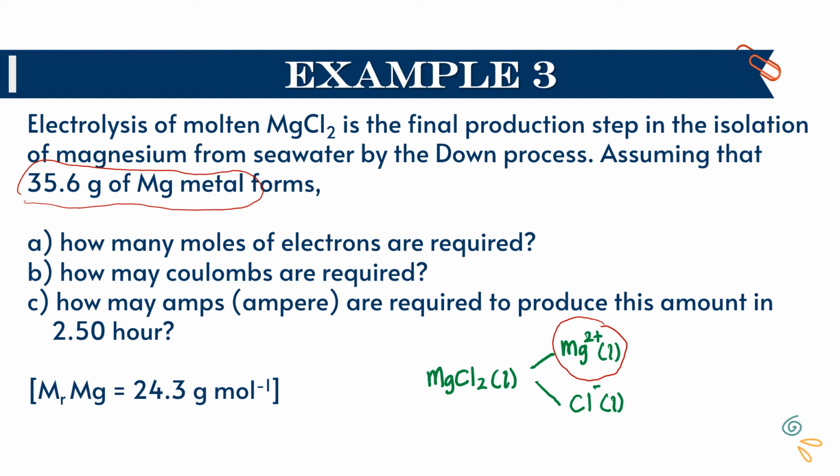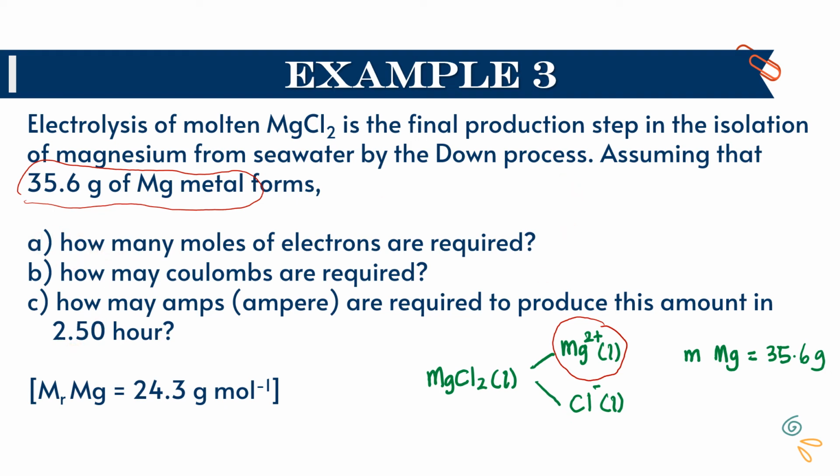Okay, ingat sekali lagi, dia mesti dalam bentuk liquid because it's molten. Okay, information yang seterusnya tadi yang kita ada adalah mass of magnesium 35.6. So, untuk soalan A, B dan C, maklumat adalah berkait, okay, berkait dengan information dekat atas. Kiranya this is the main information. Okay, and whatever you calculate from A can be used in B, can be used in C.